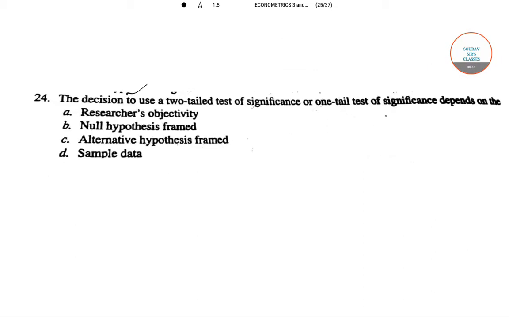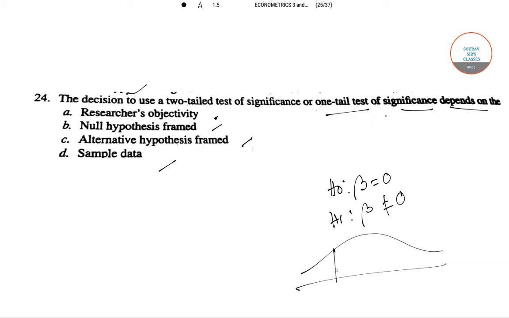The decision to use a two-tailed or one-tailed test of significance depends upon the research objective, null hypothesis framed, alternative hypothesis framed, and sample data. Obviously, if H0 is beta equal to 0 and the alternative hypothesis is beta not equal to 0, then beta can take both positive and negative values. Therefore, the critical region should be on both sides.